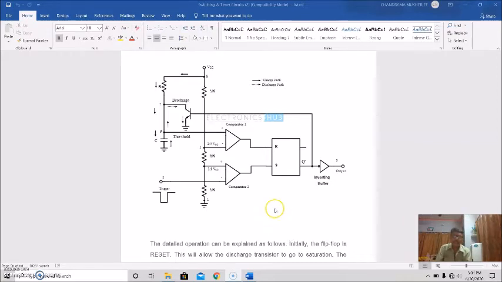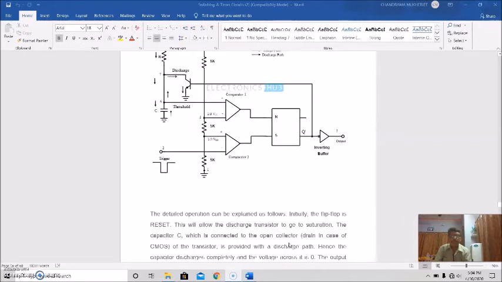The detailed operation can be stated like this. Initially the flip-flop is reset. This allows the discharge transistor to go to saturation, and the capacitor C, which is connected to the open collector, is provided with a discharge path.